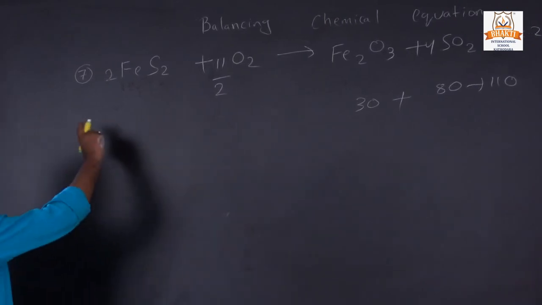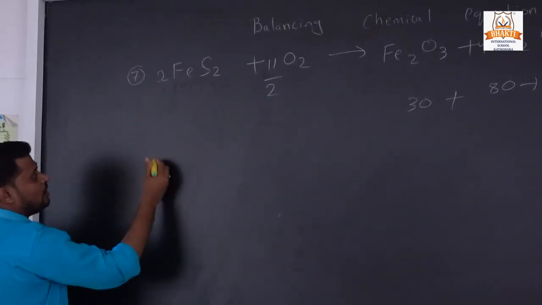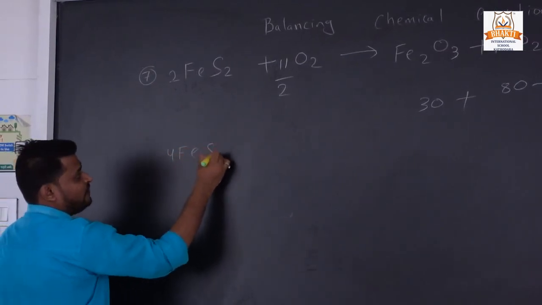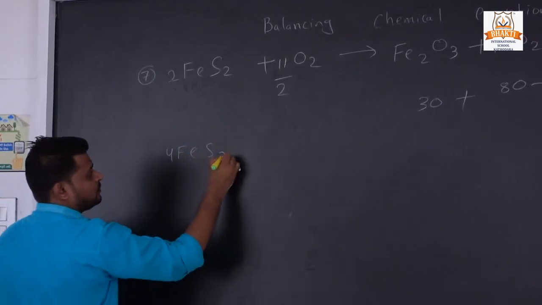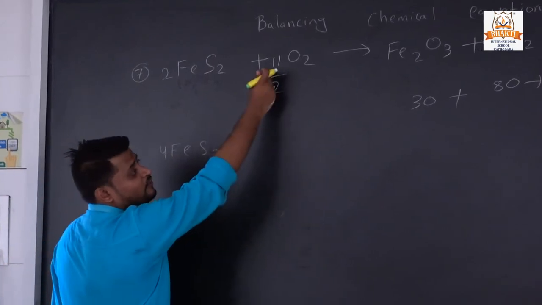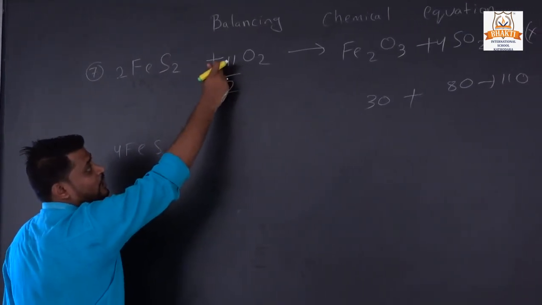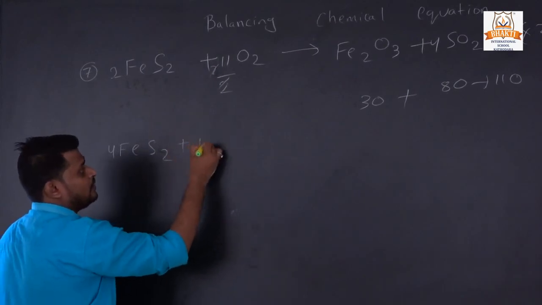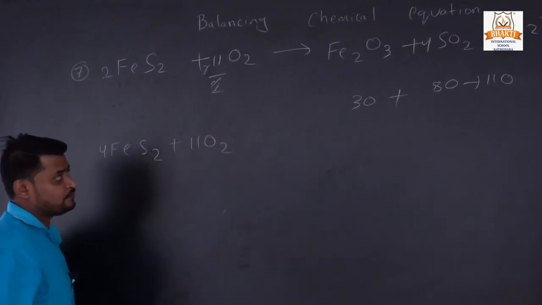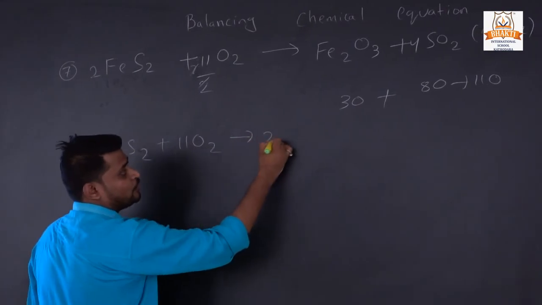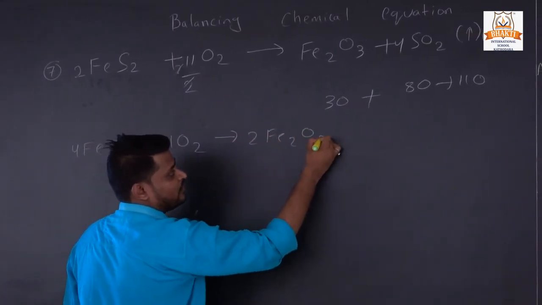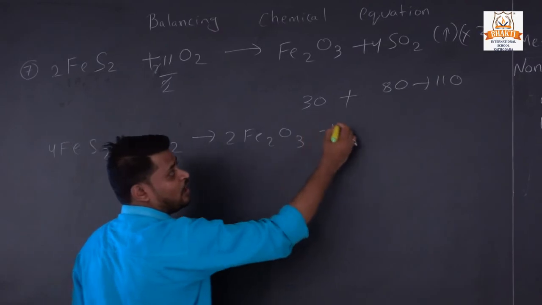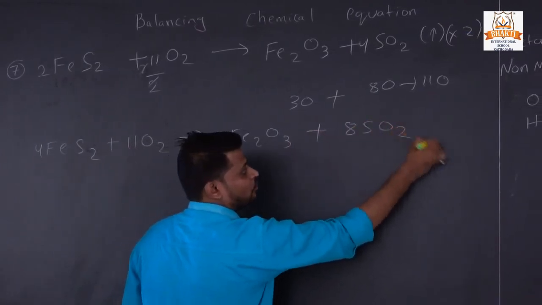Now we will multiply the whole equation by 2. Now 2 twos are 4 FeS2. Then here we multiply 11 with 2, then 2 and 2 cancel. So only 11 oxygen remains here. And 2 Fe2O3 plus 4 twos are 8 SO2.